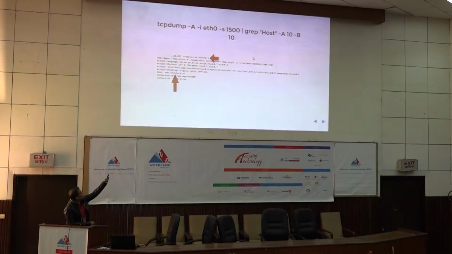So let's say this is one of the HTTP requests, www.proshore.nl. It's just two days in our server. So it means this HTTP request is towards our website. So from this host field, you can identify whether the request is to your server or from your server.